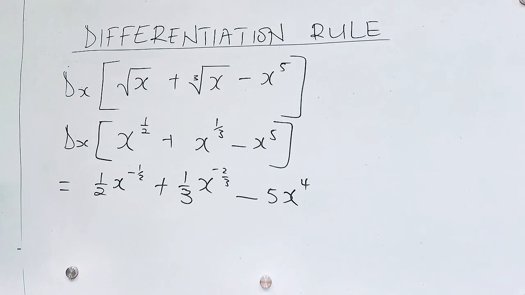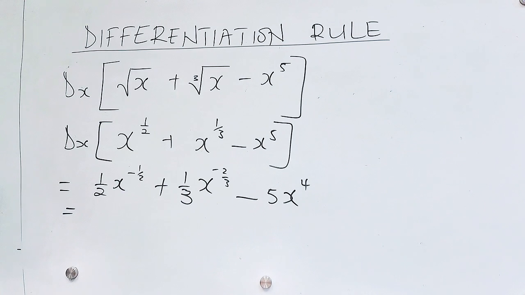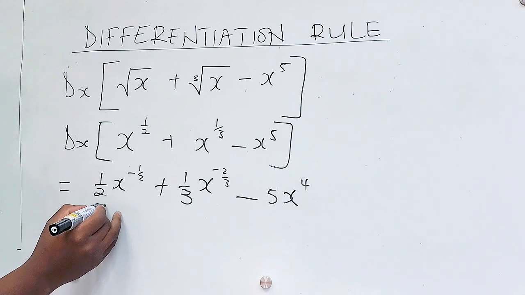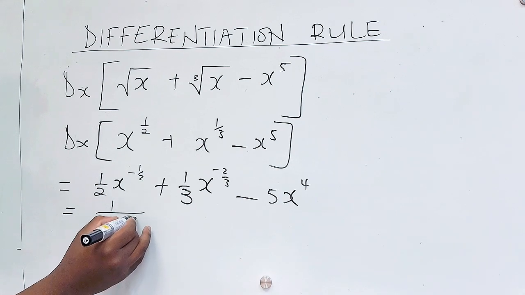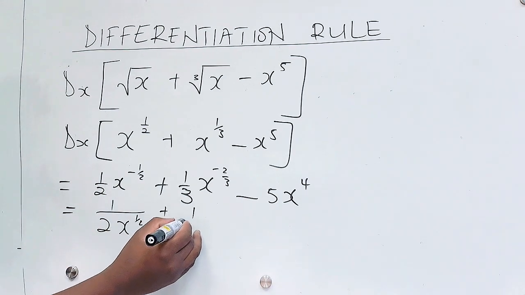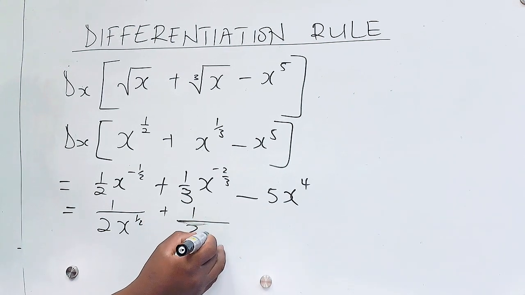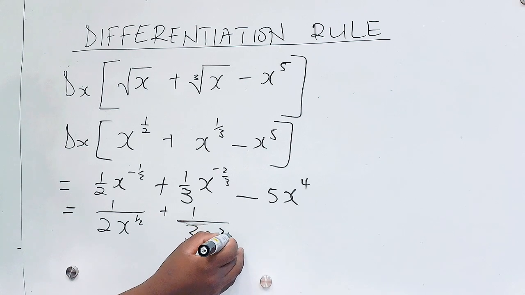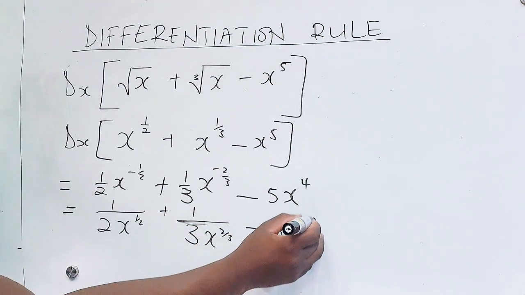We have to simplify those negative exponents as well. By laws of exponents, to make it positive, you take it down. So this will be simplified as half x power half, now it's positive, plus 1/3 x power 2/3 minus 5x power 4.